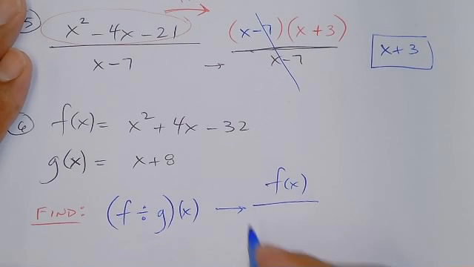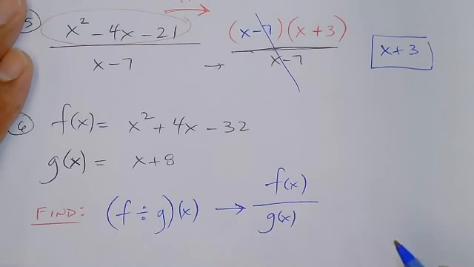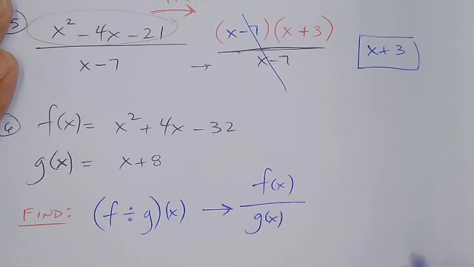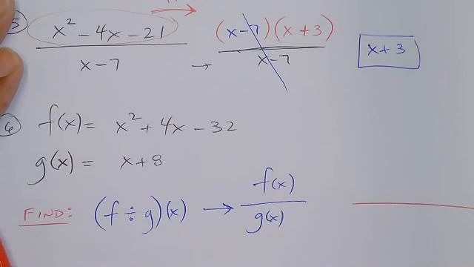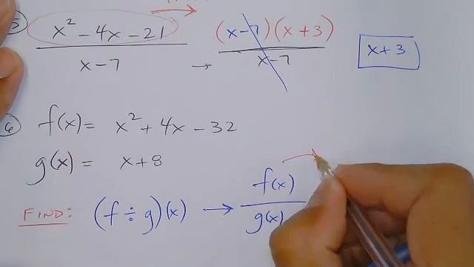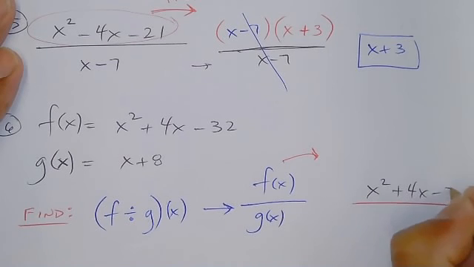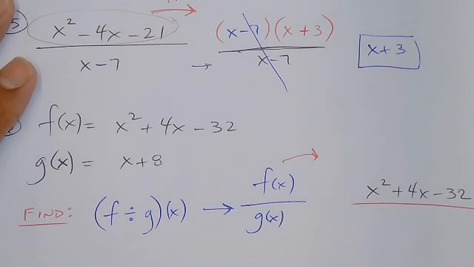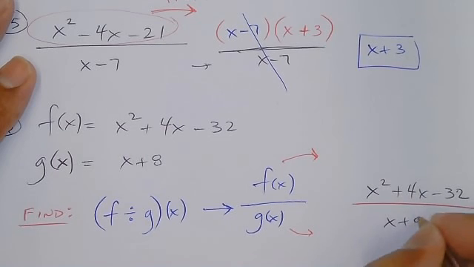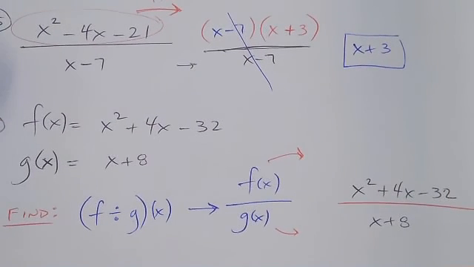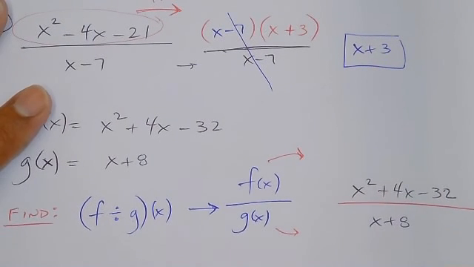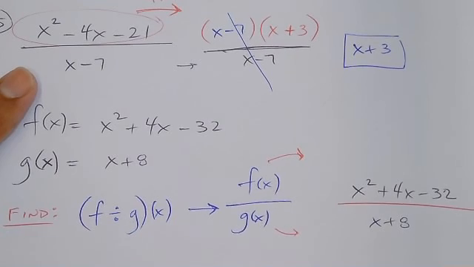Well, that means the function f of x divided by g of x. What does that mean? Well, now you have f of x, which is x squared plus 4x minus 32, and then g of x is x plus 8.